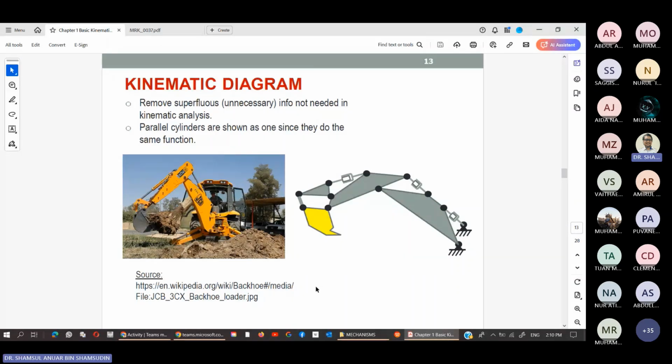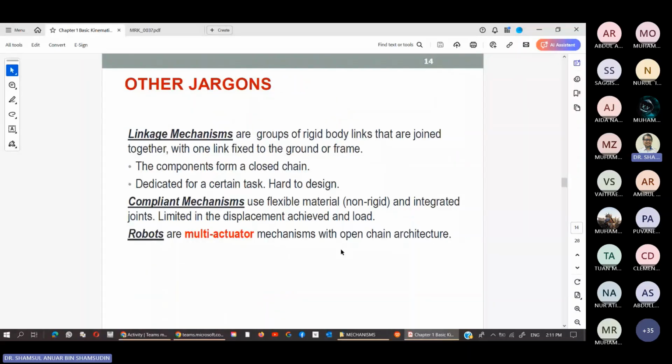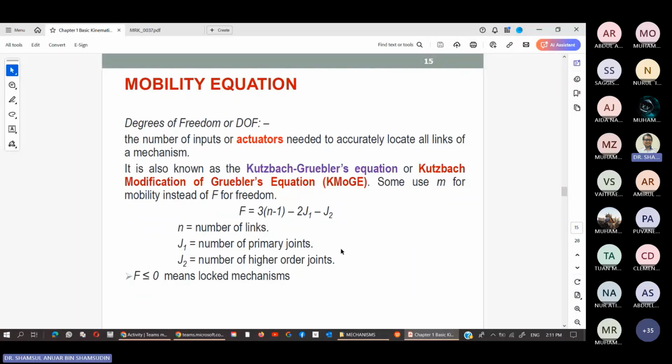So meaning the operator over there in the cab will have to control basically these three actuators in order to operate this machine. Okay, you understand that? I hope that makes sense.